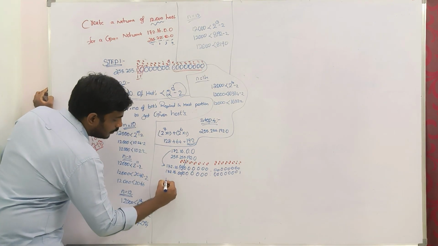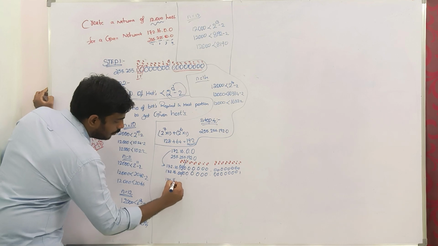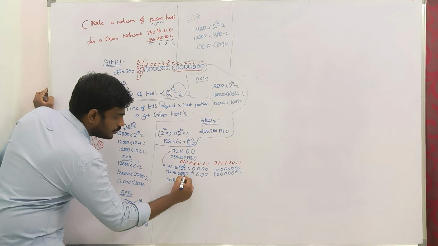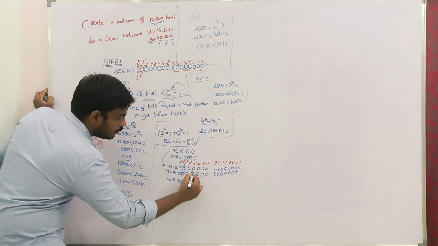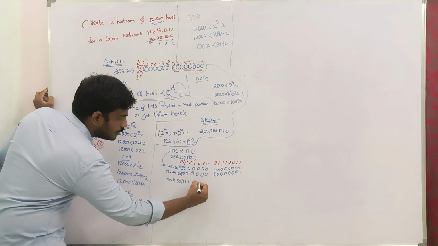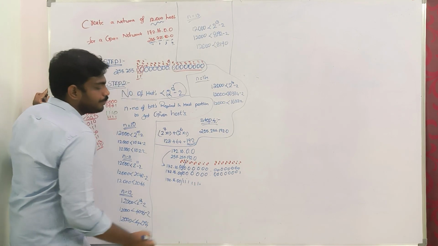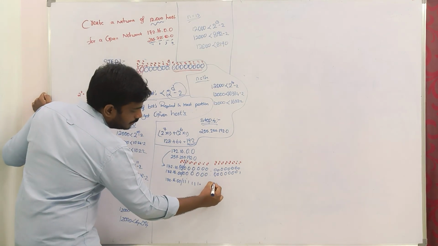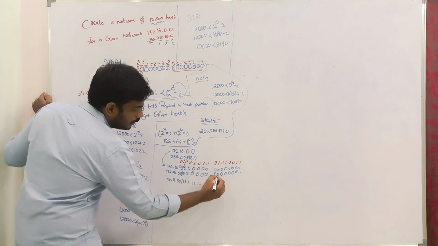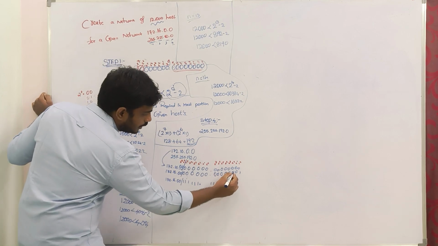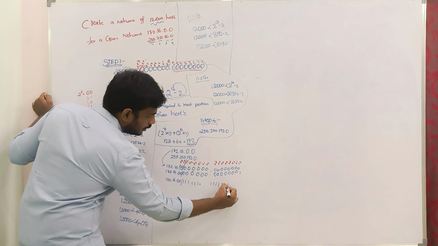I will write 172.16.0.0 slash this 0 turned into 1, 0 turned into 1, 0 turned into 1, 0 turned into 1, this 0 turned into 1, this 0 turned into 1 dot. Here also this 0 turned into 1 in fourth octet. I am in fourth octet now. 0 turned into 1, 0 turned into 1, 0 turned into 1, 0 turned into 1, 0 turned into 1, 0 turned into 1.